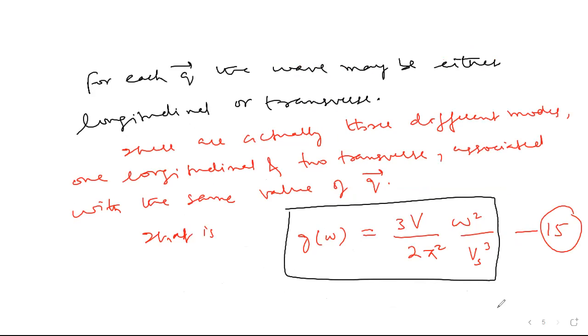Right? So we have obtained ultimately the density of states function for the three-dimensional case, which is 3V by 2 pi square omega square by Vs cube. V is the volume of the sample, omega you know is the frequency, and Vs is the velocity of the wave.